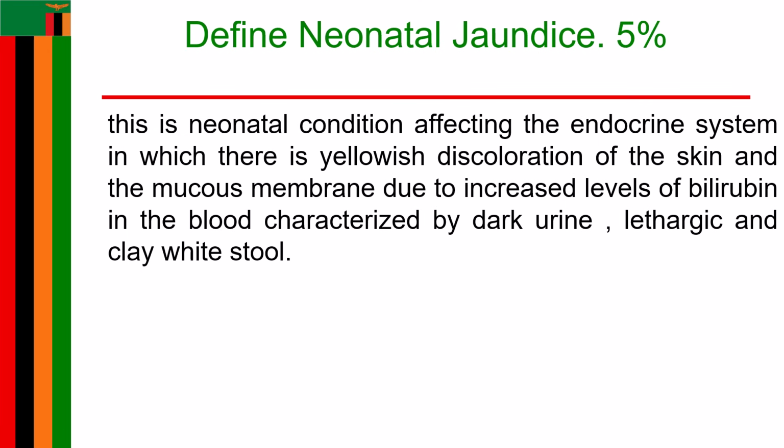When we talk about bilirubin production, bilirubin comes as an end product of broken down red blood cells. So when red blood cells are broken down, three things are produced. The first component is the heme, and also the globin and iron.